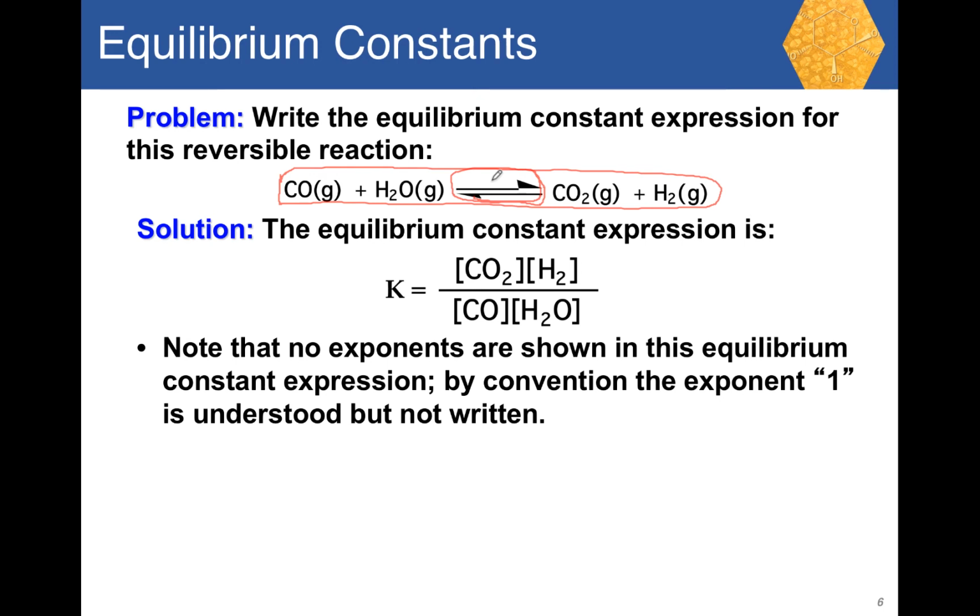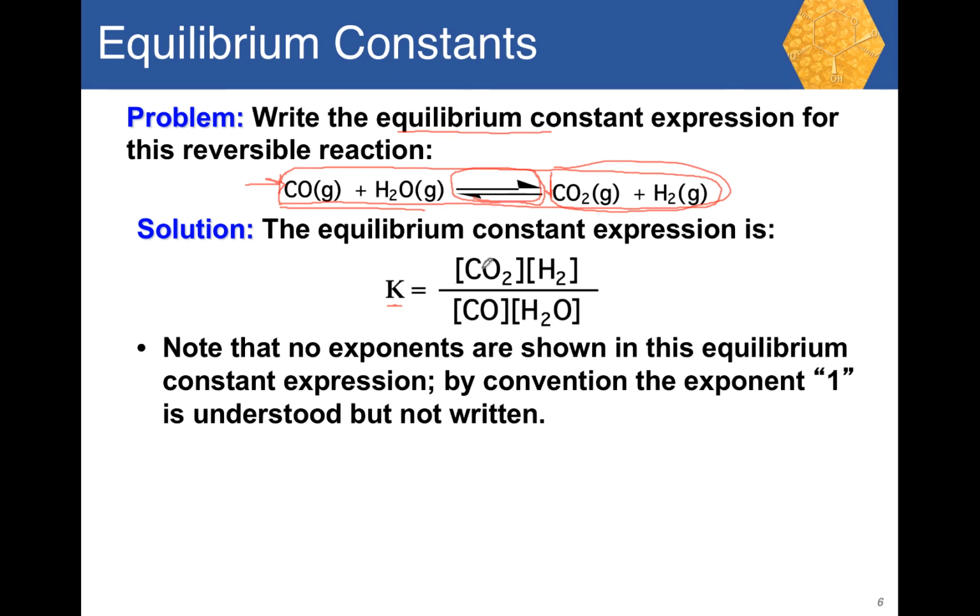The question now is, can you write an equilibrium expression to show what K is for this reaction? We know from the previous slide that it's the products raised to the appropriate coefficients divided by the reactants raised to the appropriate coefficients for this balanced equation.